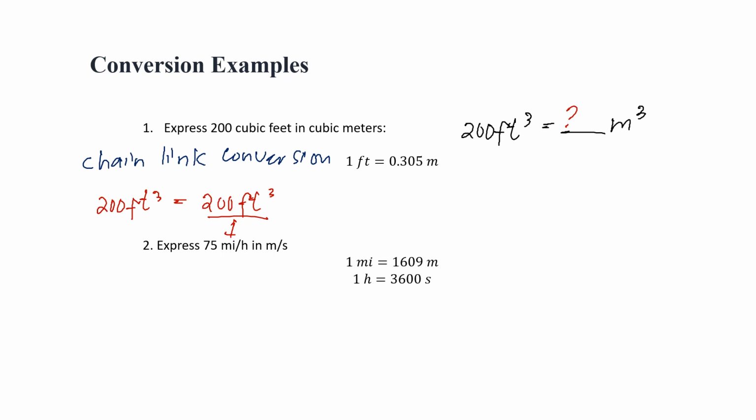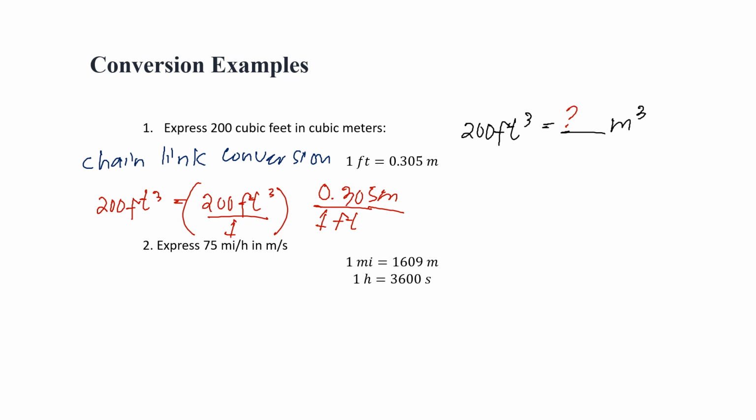Okay, so in order to cancel out this one, we multiply it with the fraction equal to this one. So for us to cancel out the feet, we will write your 1 foot at the bottom of the fraction. Okay, and 1 foot is equal to 0.305 meters.